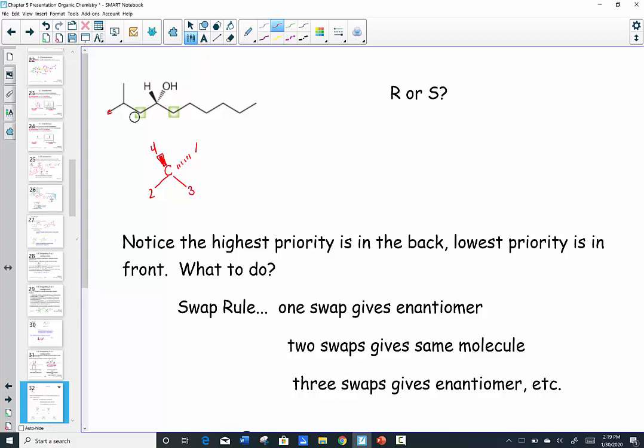Let's color code that to be really clear. Priority 4, I'll highlight in yellow. That's the hydrogen. Priority 1, I'll highlight as hydroxyl. Priority 2 is this carbon chain. That's the 2. And then priority 3, color coding, is this carbon chain.